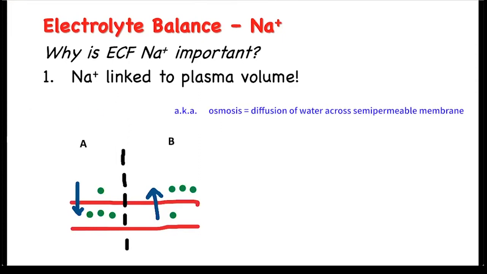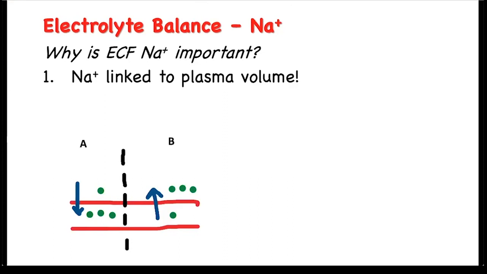Remember, osmosis is the movement of water across a semi-permeable membrane along water's concentration gradient. A hypotonic solution has fewer solids than a hypertonic solution, and we use those terms to compare two different solutions on either side of a membrane.